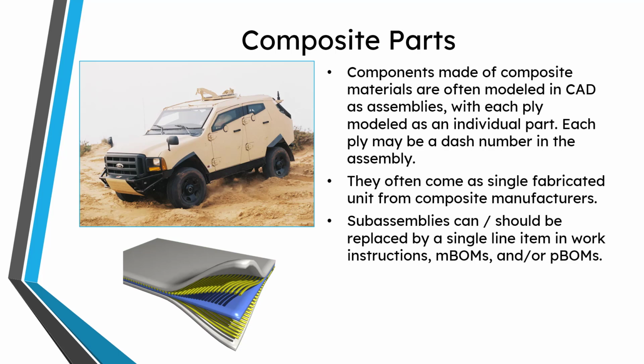So often in the manufacturing bill of materials, you want to replace that CAD assembly with its individual parts for each ply with a single line item in your manufacturing bill of materials and your purchasing bills of material.